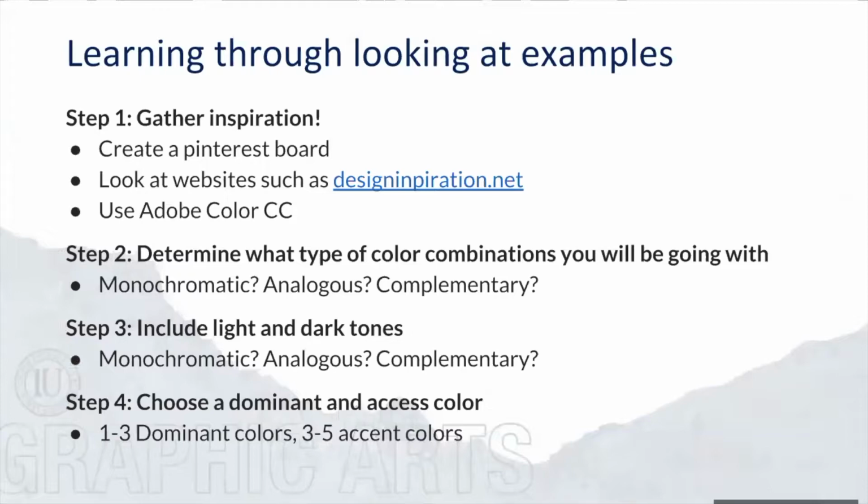All right, step 2, you're going to determine the color combinations that you're starting with. The color wheel plays a big role in how you develop a color palette for your brand. There are 3 different color combinations that can be formed with those 5 colors that you started with. You can do a monochromatic color palette.